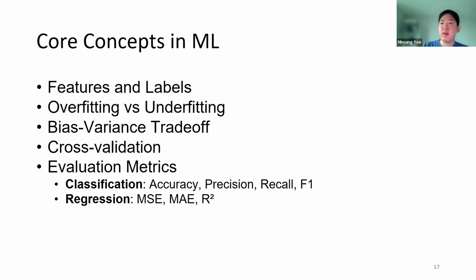Among those 30 lines, how many classifications were correct? Precision is, let's say you're classifying true or not. You say something is true, but is it actually true?